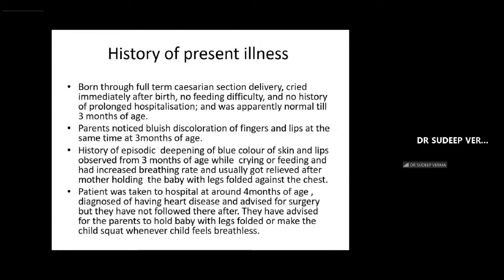So that's how you are able to differentiate, because of the specific inciting event like crying or deep sleep. Only the rate and depth of breathing increase, not the work of breathing. So that's how you differentiate clinically from the other admixture lesions.